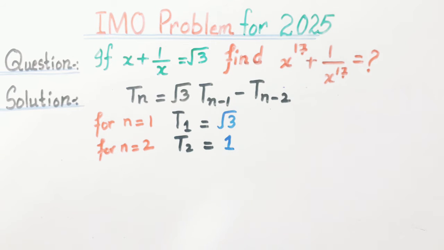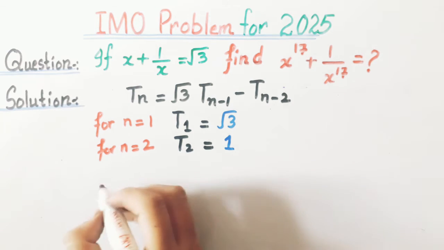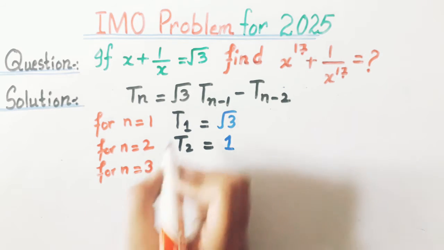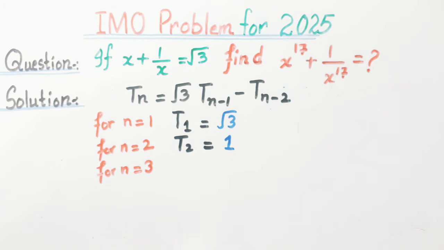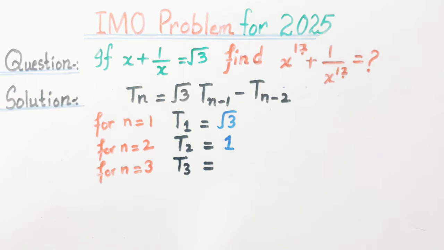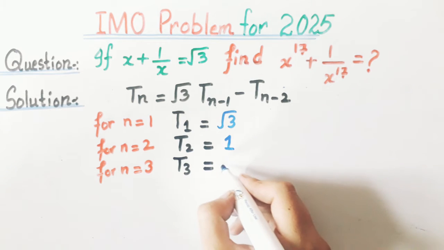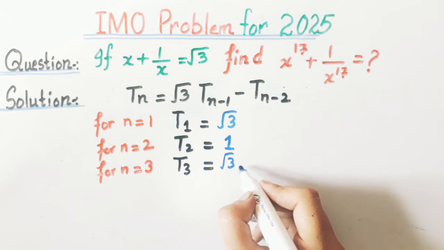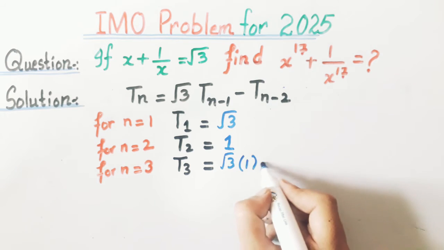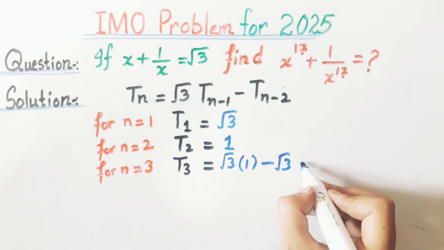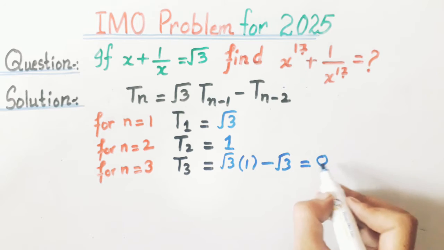So in this way we will calculate till n is equal to 17. So for n is equal to 3, now again substitute the values in this formula to find the value of T3, that is equal to square root 3 times T2, whose value is 1, minus T1, which is square root 3. So this is equal to square root 3 minus square root 3, which is 0.